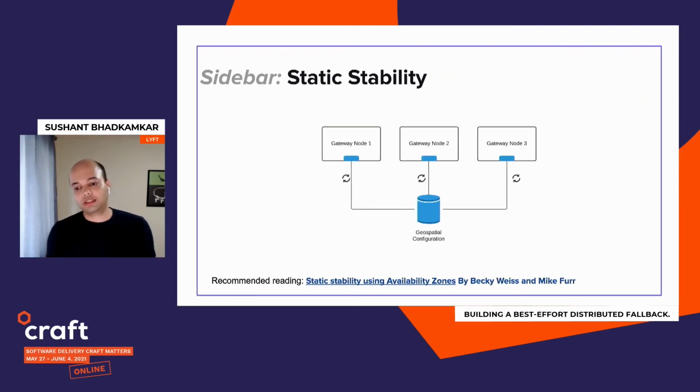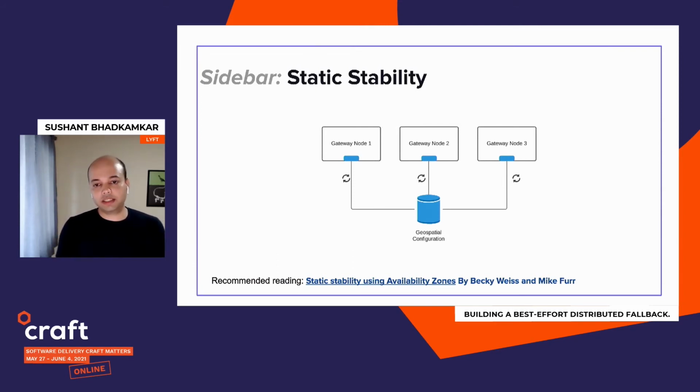And this technique, or this principle, was named static stability. Again, I've linked to an article from Amazon's Builders' Library. What this means is that the system can continue to operate and remain stable even if any of its dependencies become unavailable.